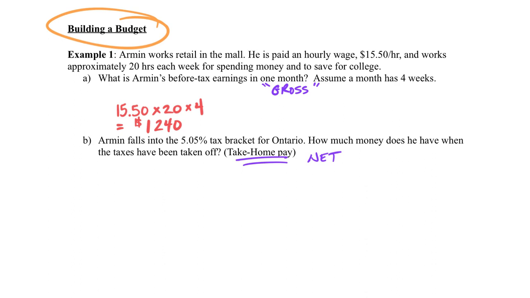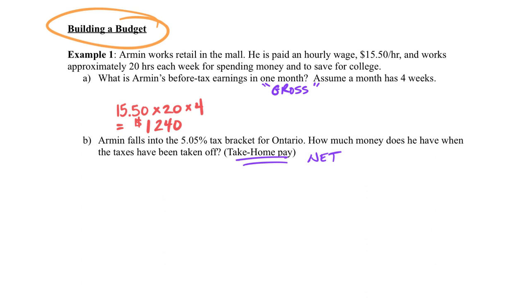Okay, we take a look at B. Armin falls into a tax bracket, so we know how much tax is going to come off of his gross pay. What does that leave him with afterwards? Well, I would hope that we didn't fall back into an old approach, since the question doesn't ask us for how much tax he pays, but instead asks how much money he has once the taxes have come off.